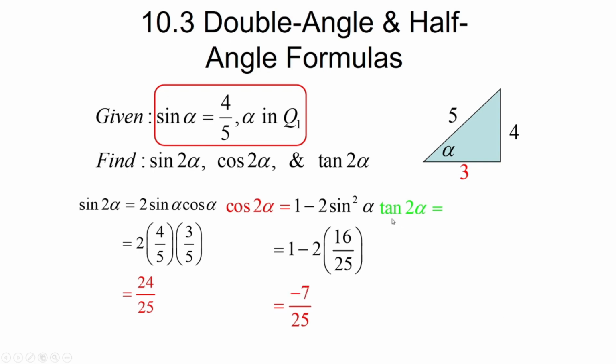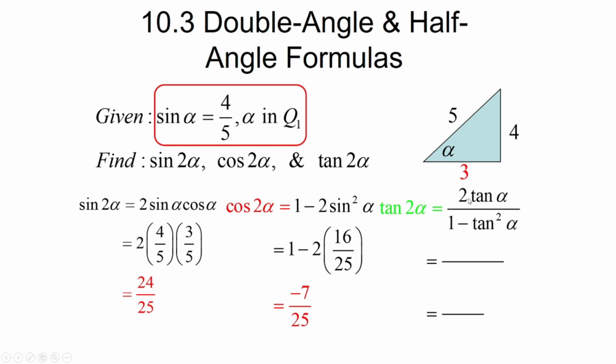Now tangent of 2 alpha equals, now remember, you've got 2 times tangent of alpha over 1 minus tangent squared alpha. There you go. So let's go 2. Oh man, I skipped a step there. I'm so sorry.